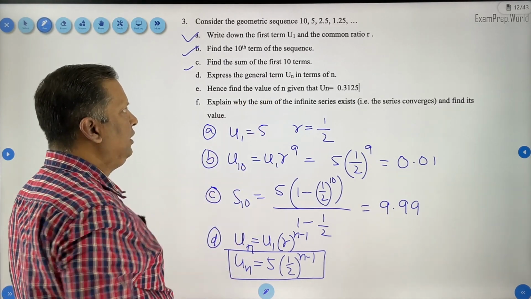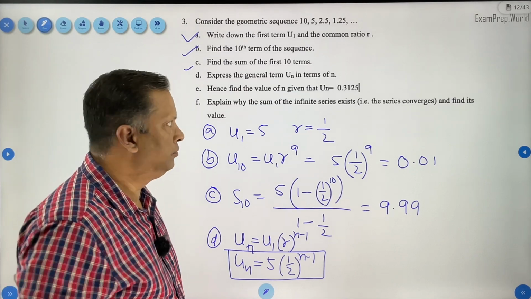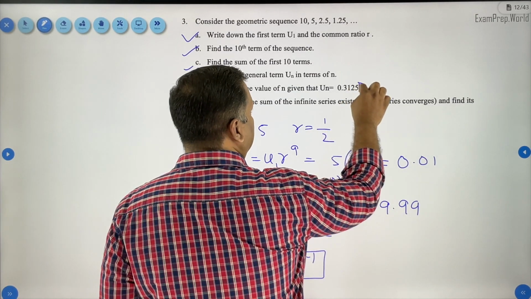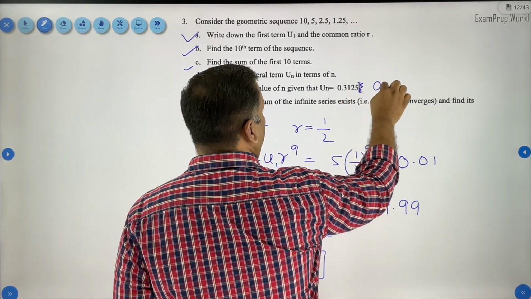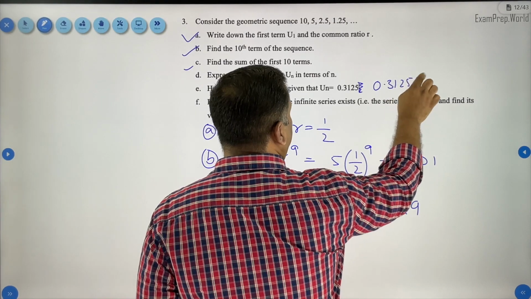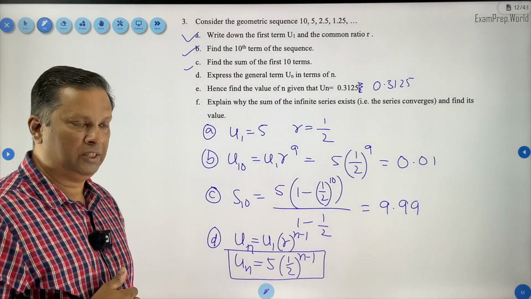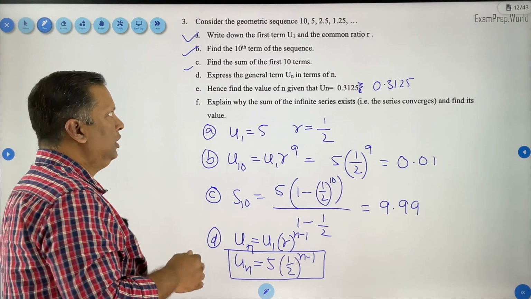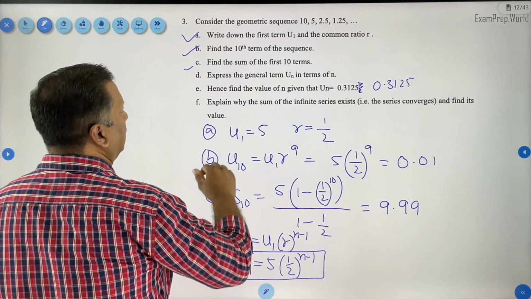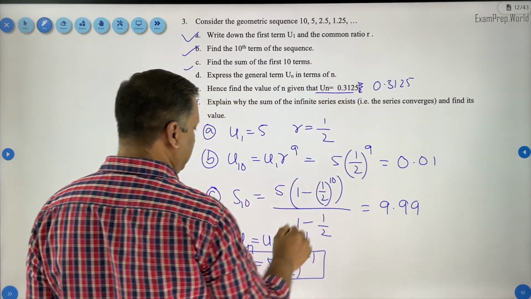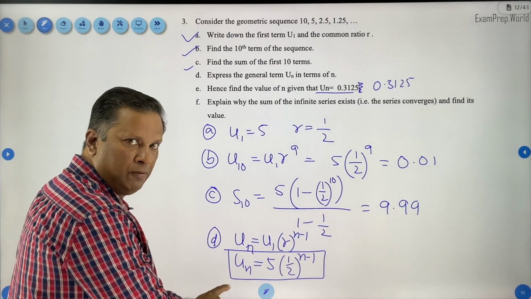Find the value of n when un is 0.3125. This is a typo thing. Don't see this. It is 0.3125. Okay. What is the value of n when sum of n terms is that? Not sum. un itself is this. So we have the general formula for un.